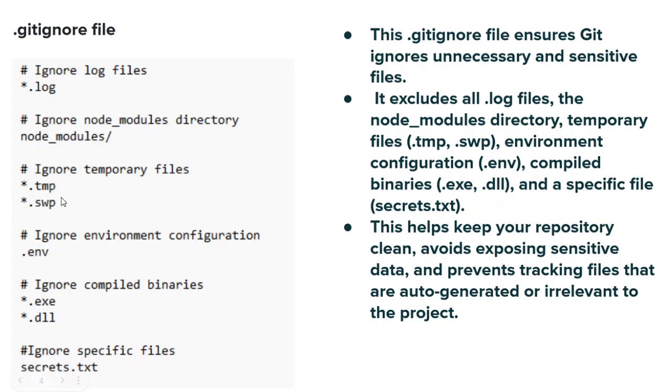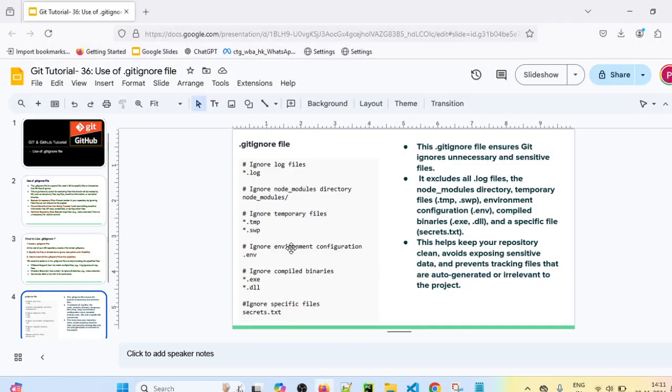So files with this extension will be ignored. If you want to ignore environment configuration files, .env files which you don't want to track, then we can use .env. Similarly, we can ignore .exe, .dll files, or even some specific file.